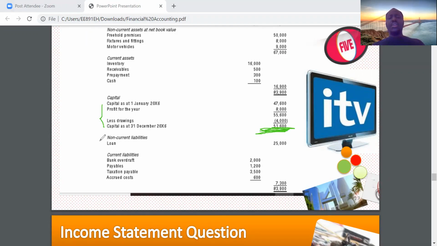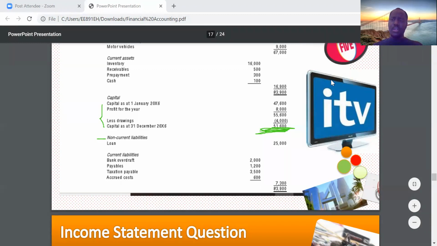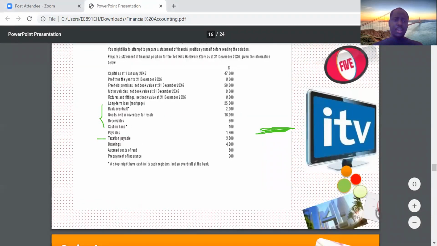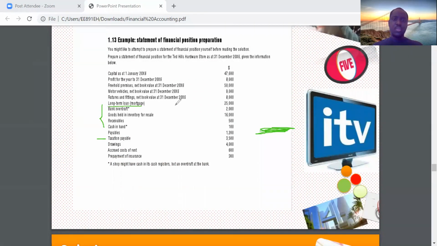Then let's move on to the liability side. Now liabilities, we start with what? The long-term liabilities first. Always start with the long-term liabilities. So you have the non-current liabilities. Let's see if we have any non-current liabilities. Let's go back to the question. A typical example of non-current liabilities is a long-term loan, which is how much? 25,000.